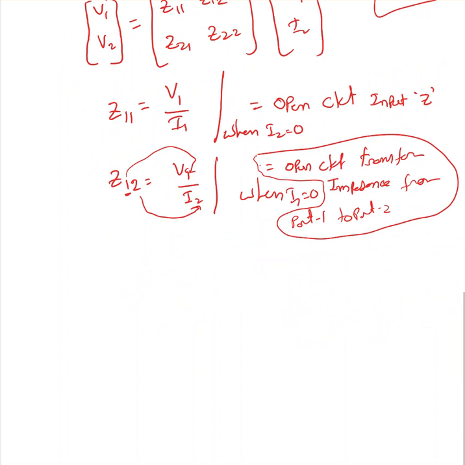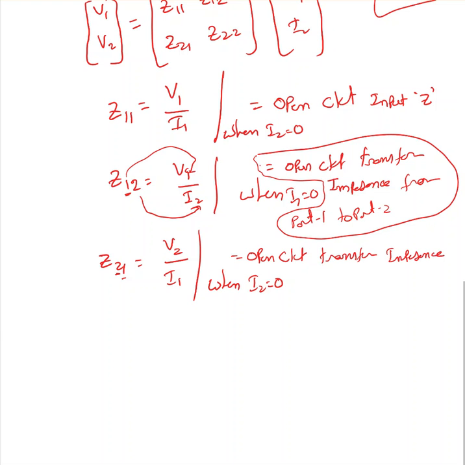The next one is Z21. You can clearly see it is 2 1, so the numerator must be V2 and the denominator must be I1, when I2 equal to 0. This is called open circuit transfer impedance from port 2 to port 1.